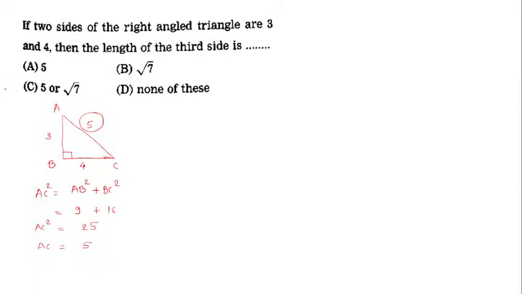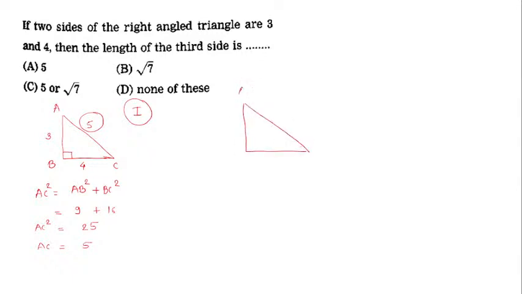So this is the first possibility, that the two sides are the perpendicular sides. What if the perpendicular sides are not 3 and 4? So let's have the second possibility.